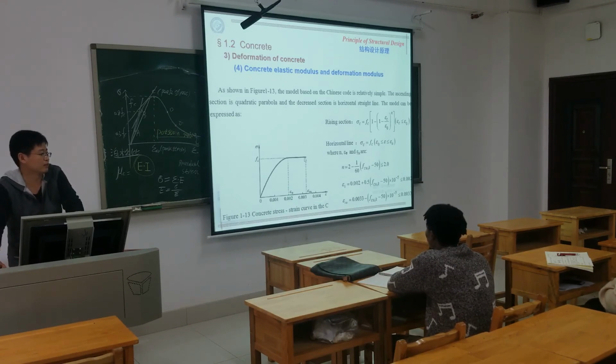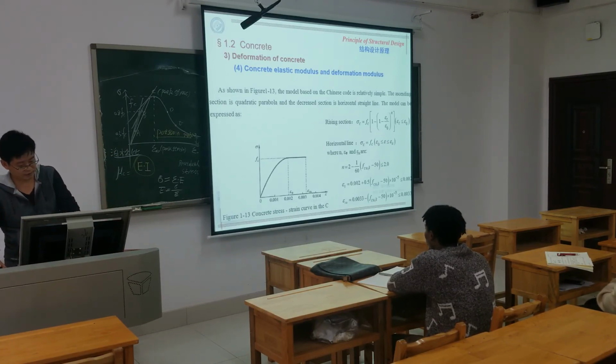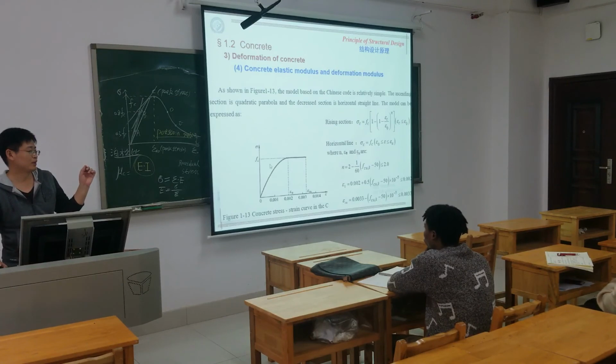For the descending part, they just use the horizontal line. That makes it simpler, but simpler also means it is not so precise.